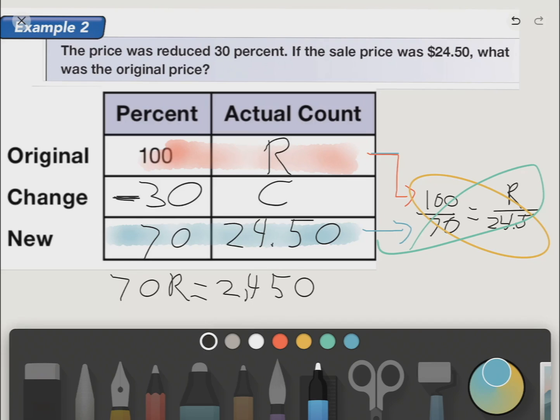Then we can divide each side by 10. And divide each side by 7.